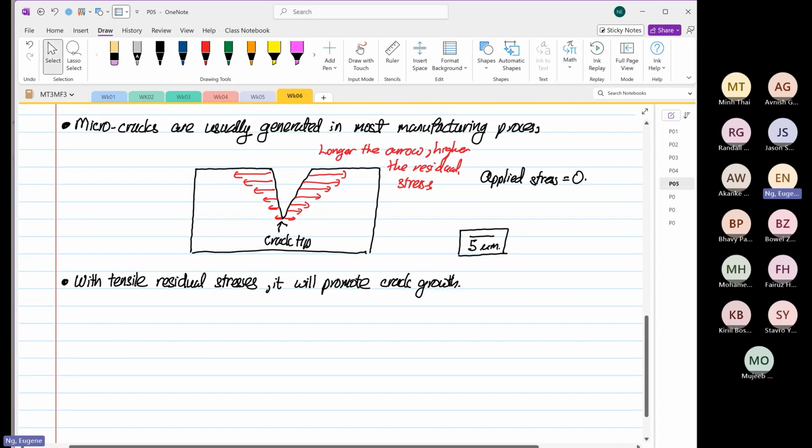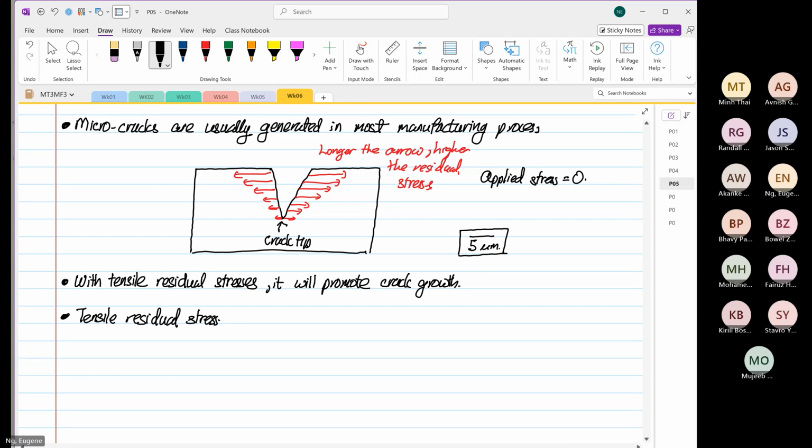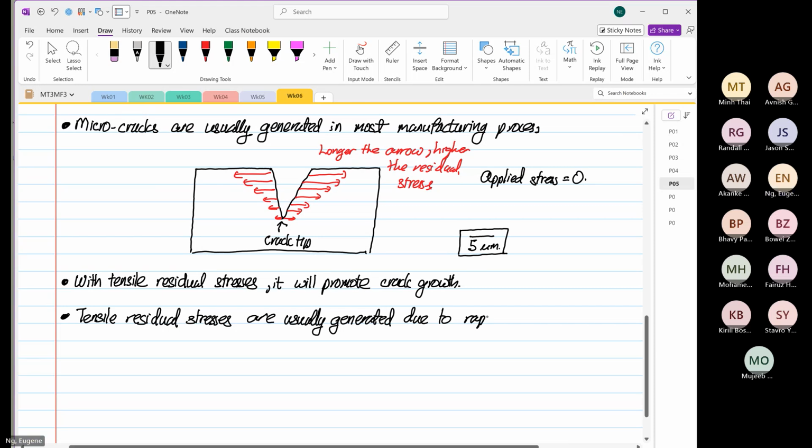So tensile residual stresses are usually generated due to rapid heating and cooling.